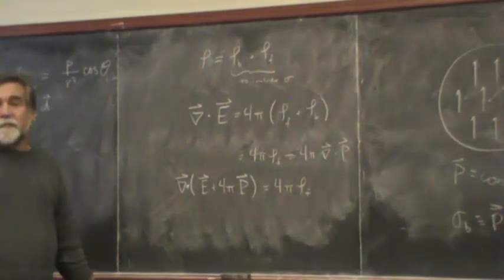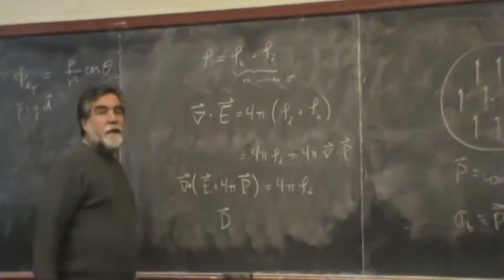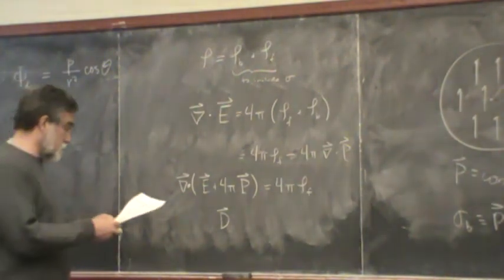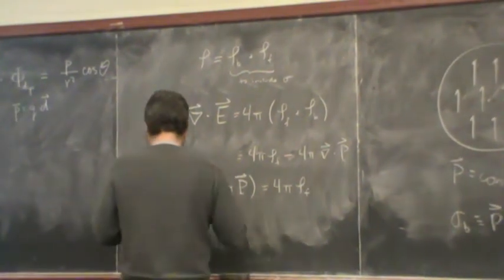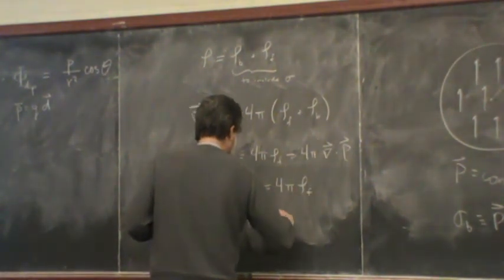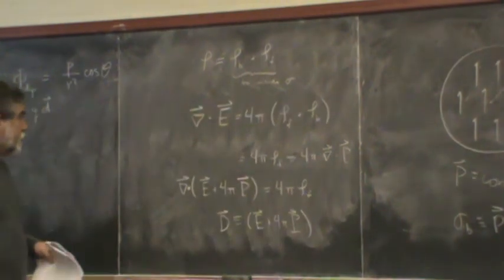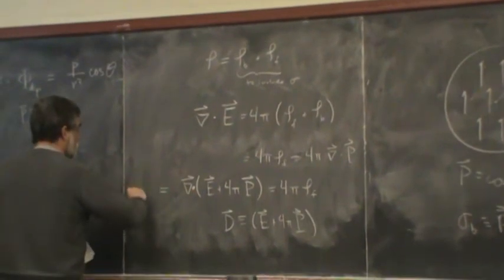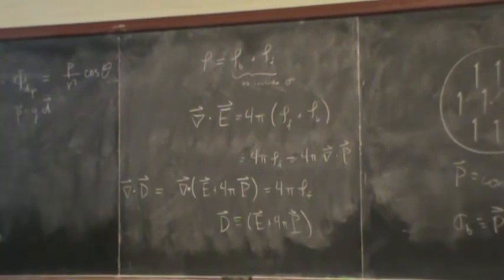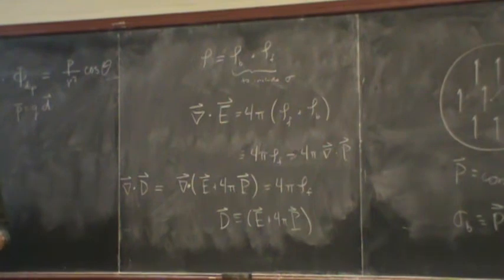And so now we're going to rename something. We're going to create a new thing that we'll call the displacement field. And we'll define it as D equals E plus 4 pi P. And now, the divergence of that D field is equal to 4 pi times the free charge in the problem.